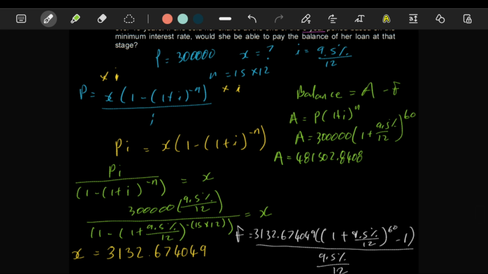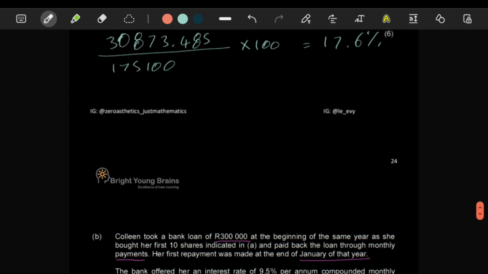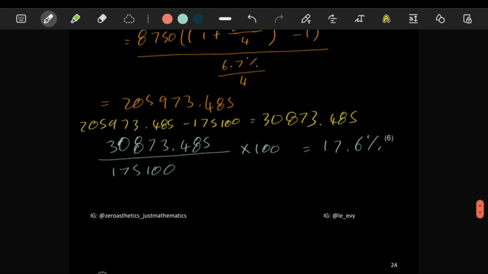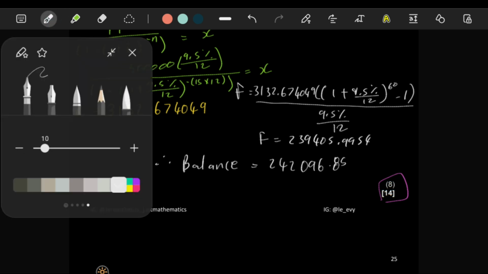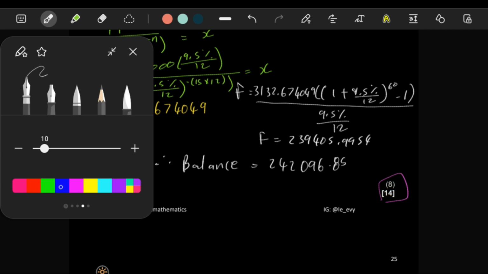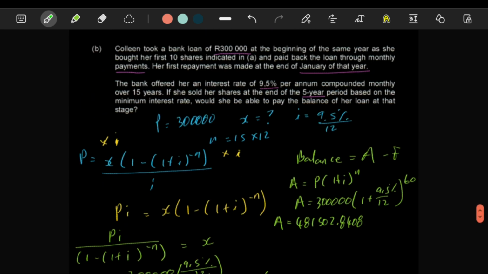Clearly A minus F is the balance on the loan, and this is what her shares are going to give her. So clearly she won't be able to pay off the loan with the money from her shares. So here you can just say no, she will not be able to pay off the loan after 5 years. Let's see if they wanted a reason.